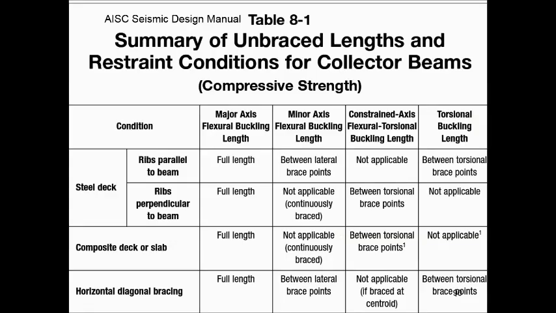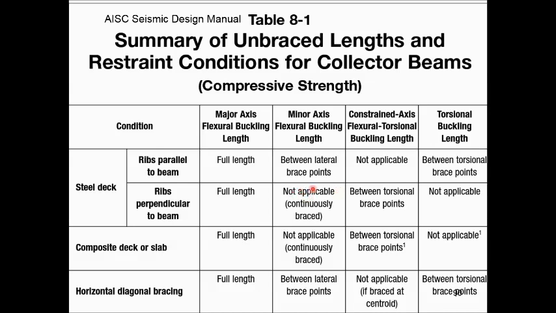If you have a steel deck, consider whether the ribs are parallel to the beam or perpendicular. You always have to consider major axis flexural buckling strength. You can always consider major axis flexural buckling strength and minor axis flexural buckling strength. You can always just consider these two as long as your torsional buckling length is no greater than your minor axis flexural buckling length.